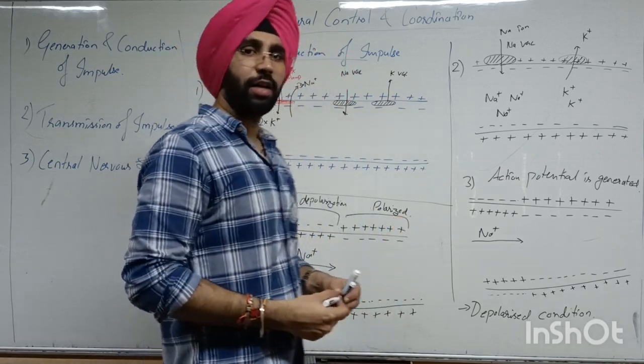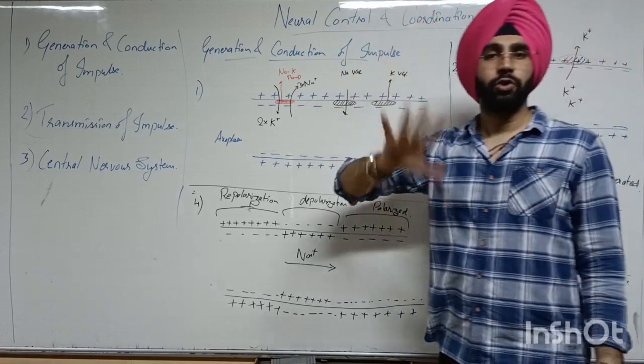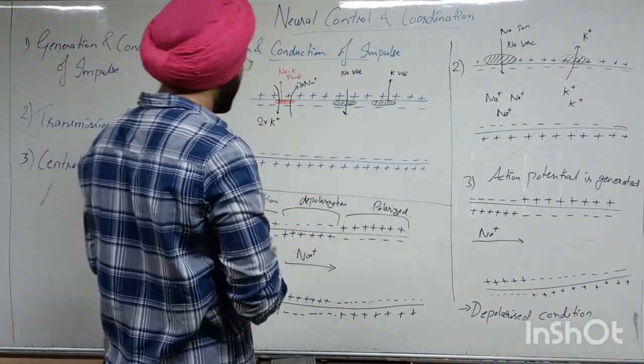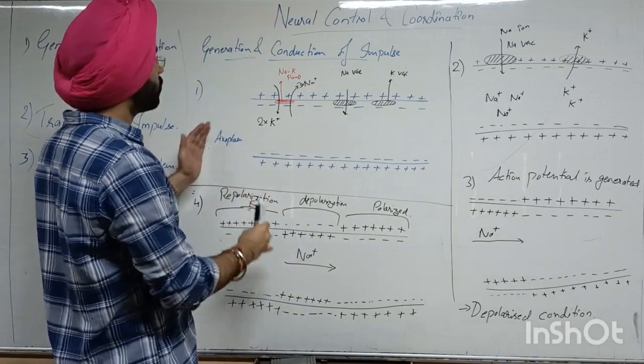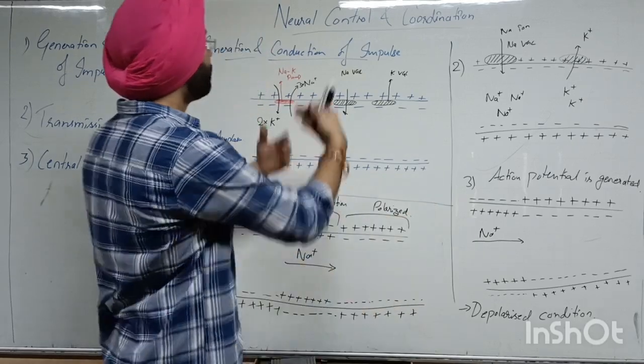So now you have understood how action potential is generated due to stimulus. The stimulus is stimulating, it is collected by the receptor, and from the axon part the action potential is generated and conducted in the form of impulse.